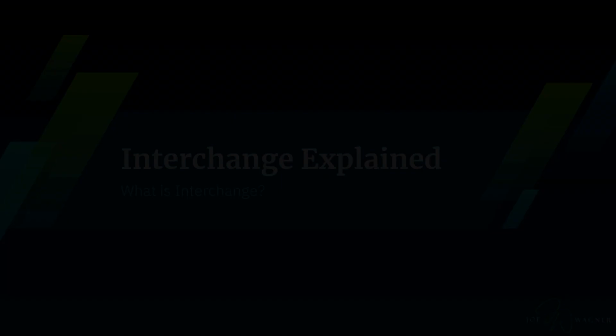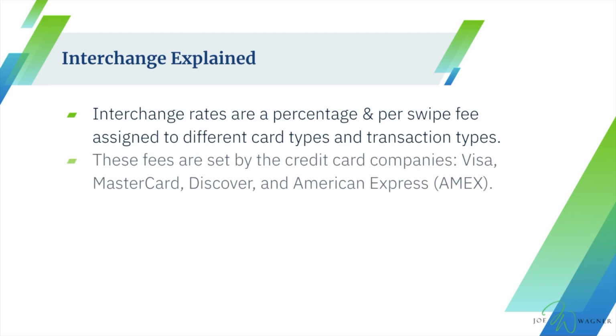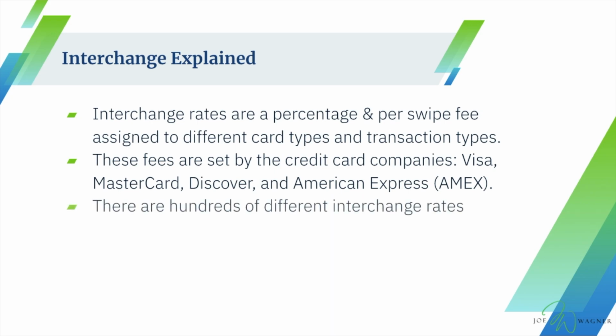So, interchange explained. Interchange rates are a percentage and a per swipe fee assigned to different card types and transaction types. These fees are set by credit card companies like Visa, MasterCard, Discover, and American Express. There are literally hundreds of different interchange rates based on the type of credit card, how the credit card was taken. There's so many different factors.